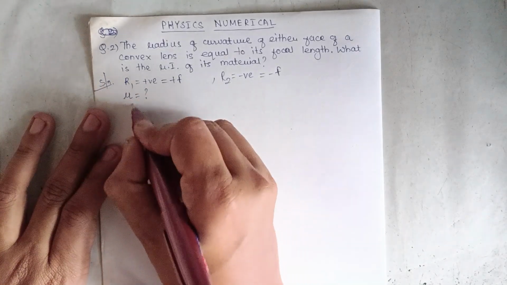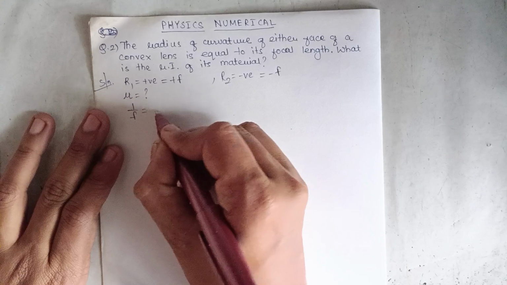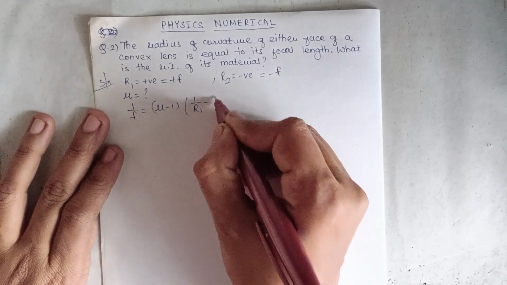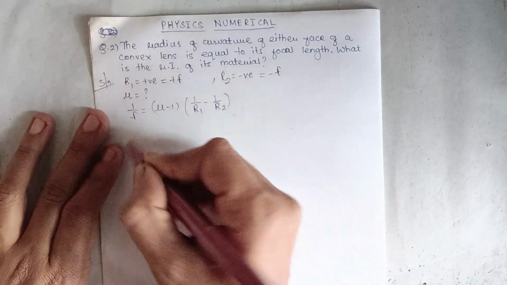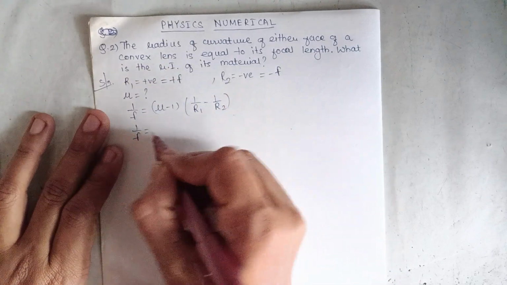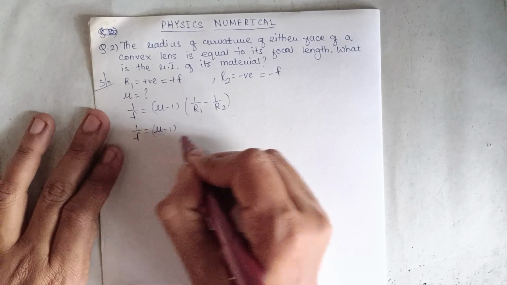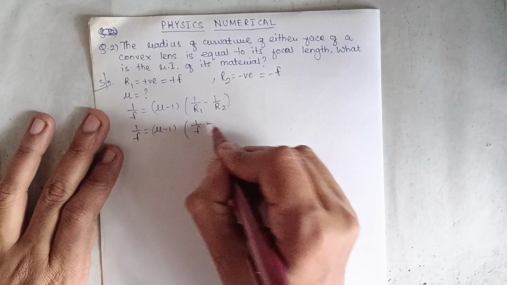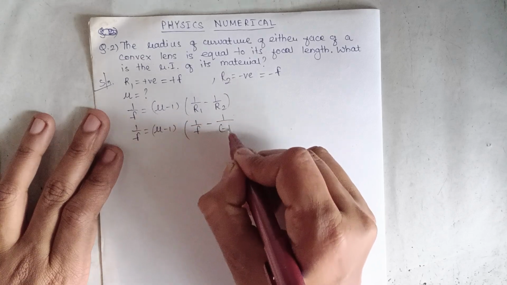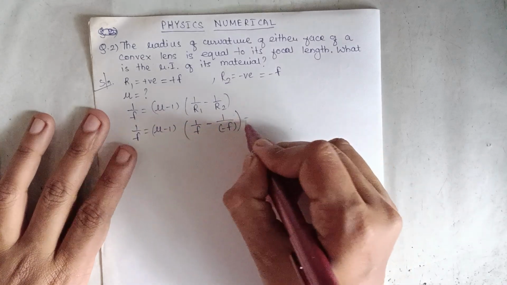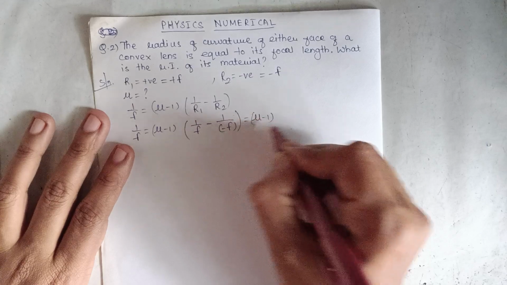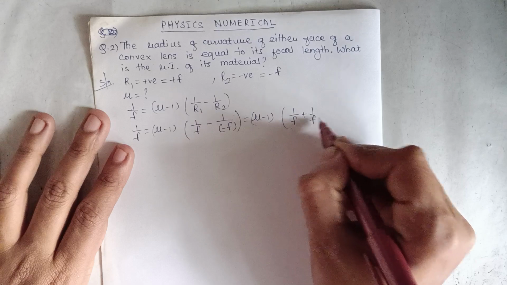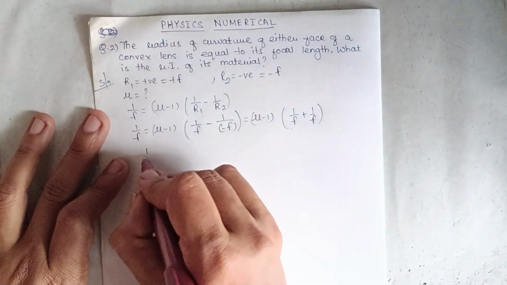So using the lens maker's formula, 1 upon f is equal to (mu minus 1) into (1 upon R1 minus 1 upon R2), where R1 is positive f and R2 is negative f. So this is 1 upon f plus 1 upon f, that is 2 upon f.